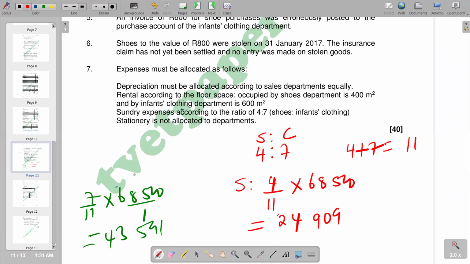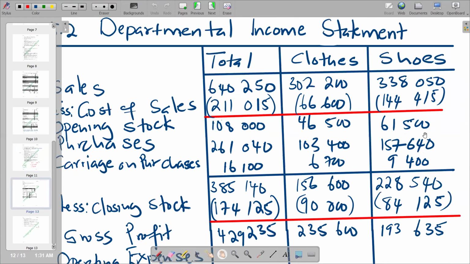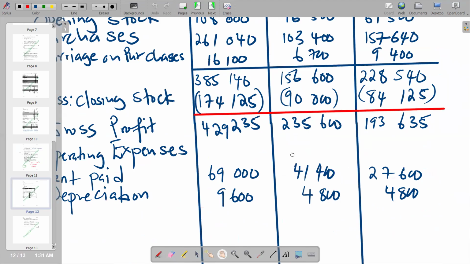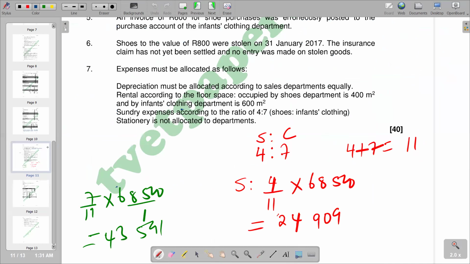So basically we go to the shoes and put 24,909, whereby the shoes is the last column. Whereby the description we are saying sundry expenses. And then for the shoes we have identified it as 24,909.